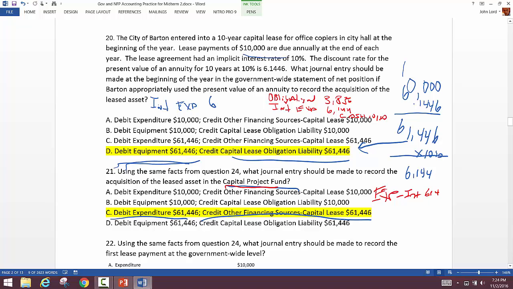Okay, what else? Credit cash for $10,000. Then expenditure principal, you say? For whatever the balance is to make this balance to 10,000. That is 3,856. And that's a credit to cash for 10,000.